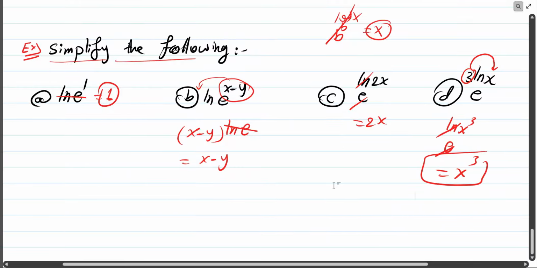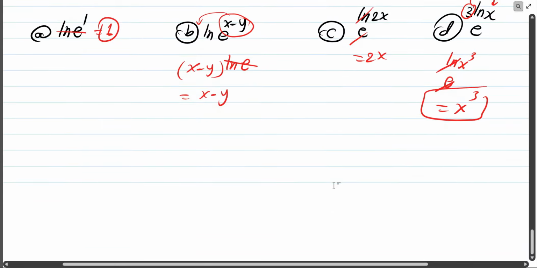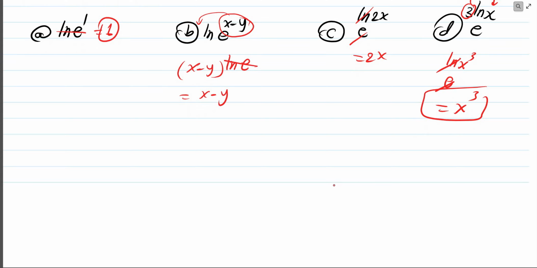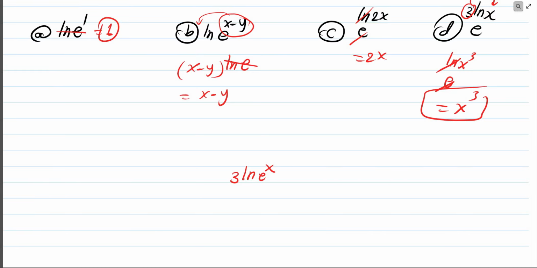Dear students, one more thing that some students confuse or don't know how to solve. They don't know the difference between 3 ln e power x and e power 3 ln x.